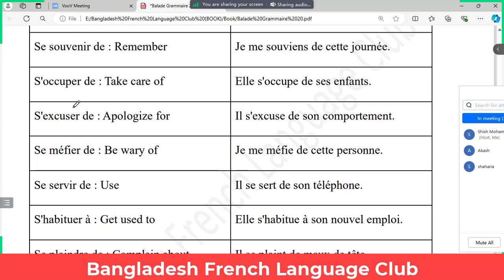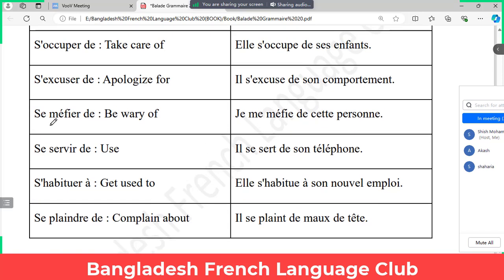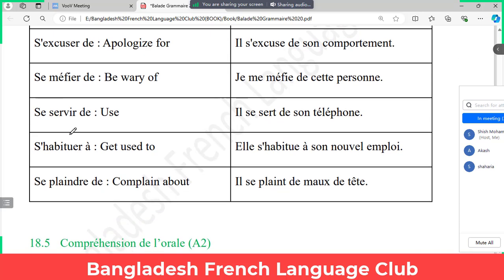S'occuper de means take care of. S'excuser de. Apologize for. So se méfier de means be wary of. So se servir de. Use.